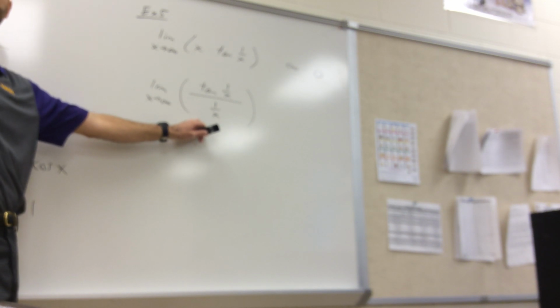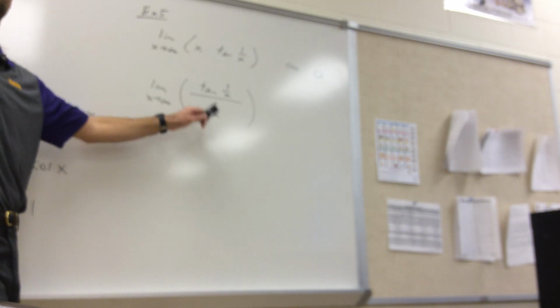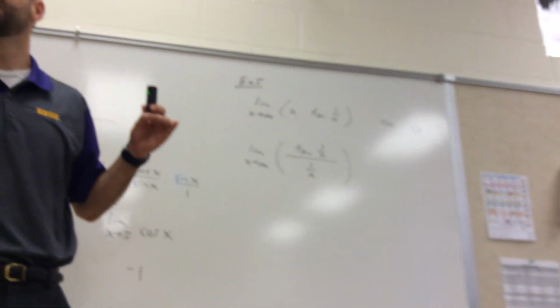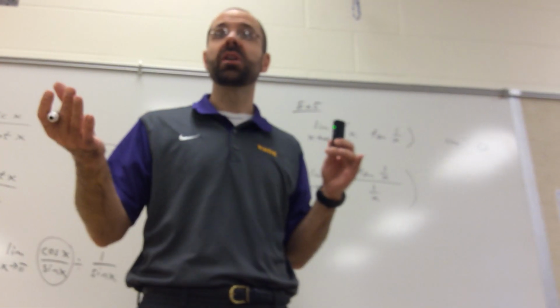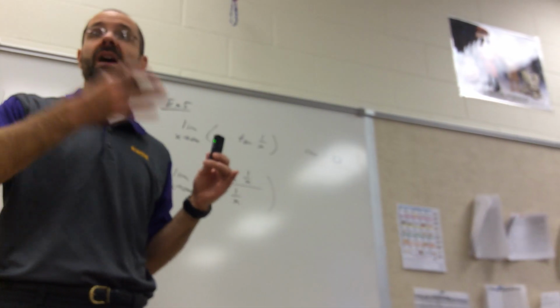Am I allowed to do that? Dividing by 1 over x, same as timesing by x? Yeah, all I'm saying is if you divide by a half, it's the same as times 2. Or if you divide by a third, it's the same as times 3.